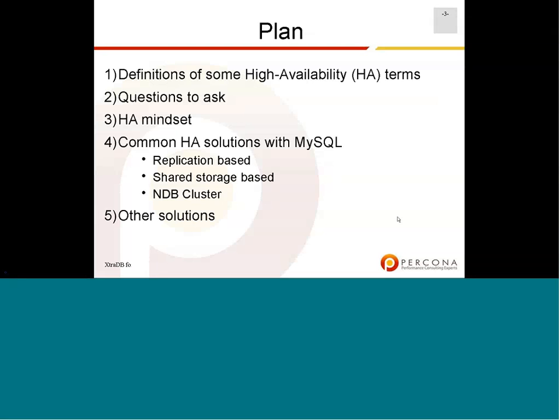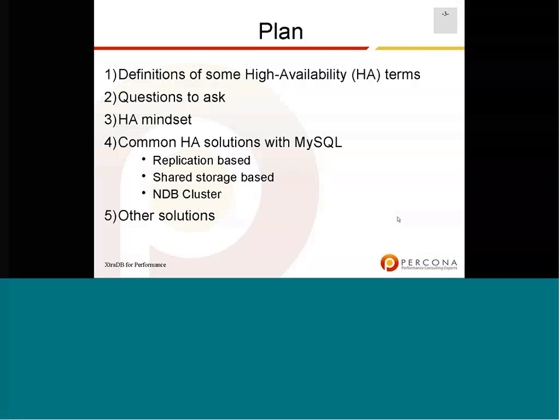So here's the plan of the presentation. First, I will introduce some high availability terms so that we are all on the same page regarding the definitions of things we will talk about. Then I will introduce some questions that you need to ask yourself before setting up an HA solution.